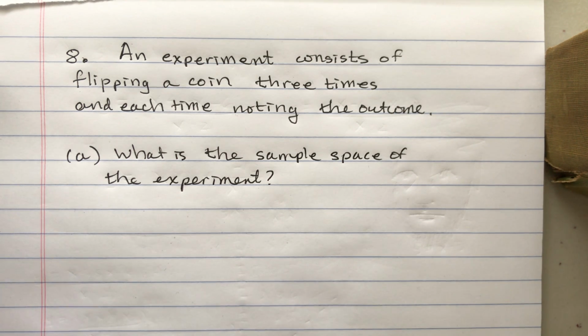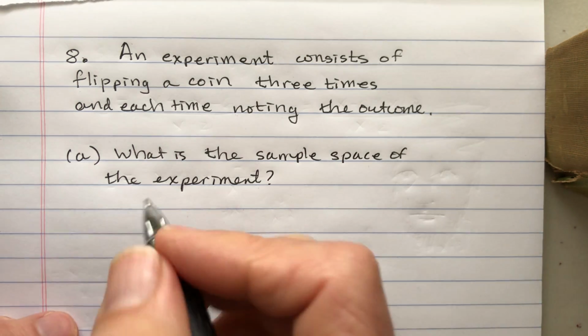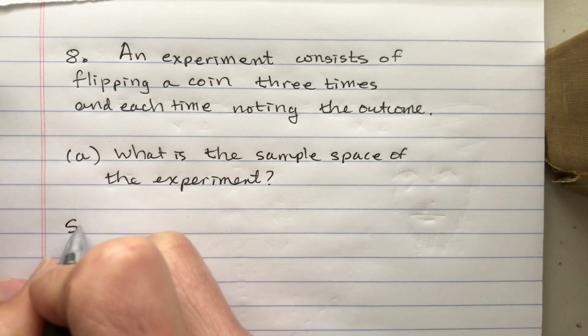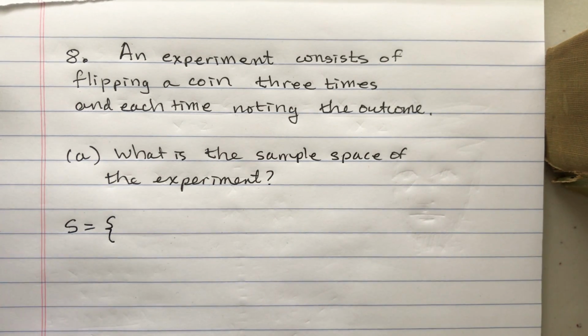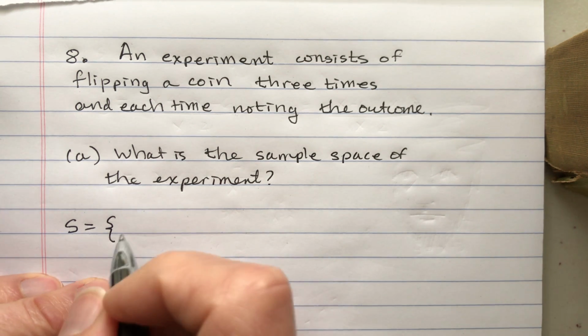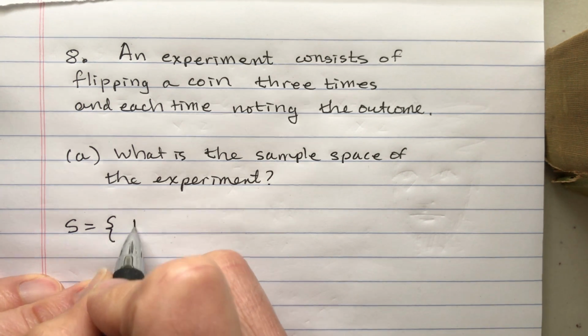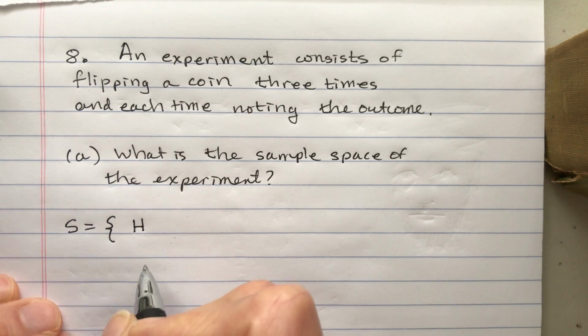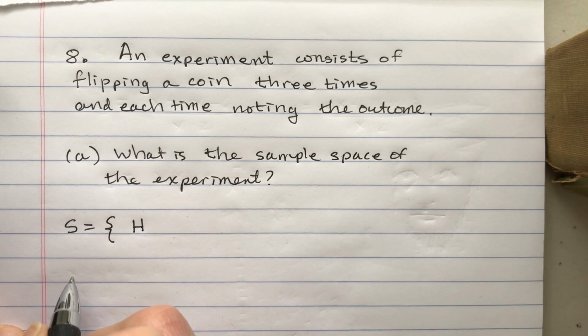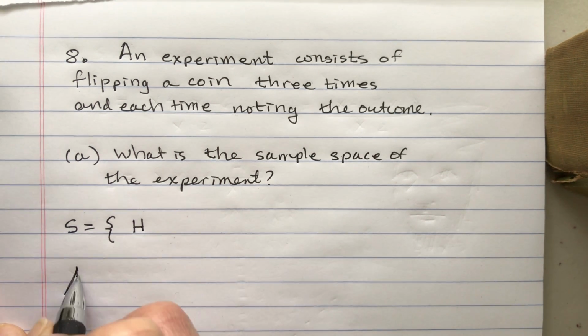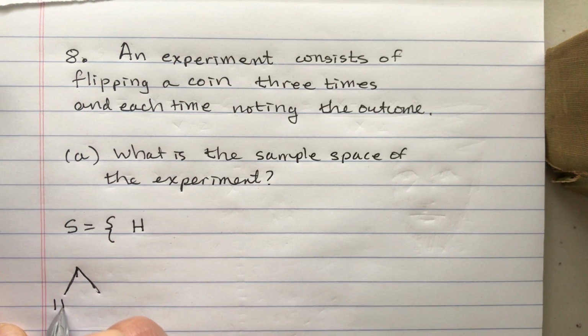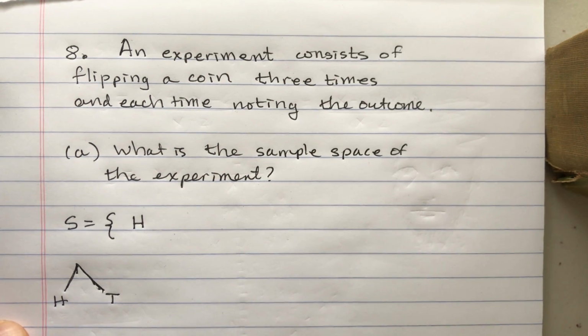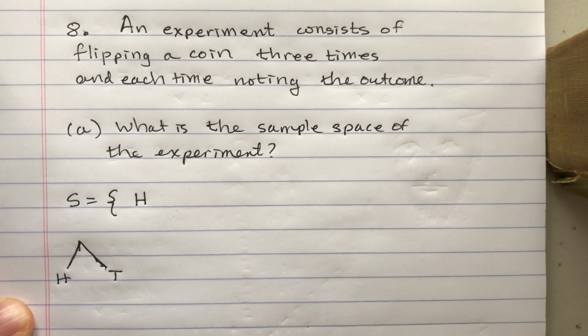Okay, so I'm going to write this S. That's what we usually call the sample space, S. All right, so on the first time around, you can get a heads. And well, I need to organize this. So to organize this, let's look at a tree. This might not really do it for people, but anyway, you have a tree. So you have two possibilities on the first toss, a heads or a tail.